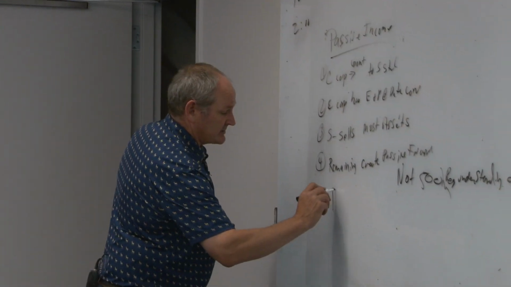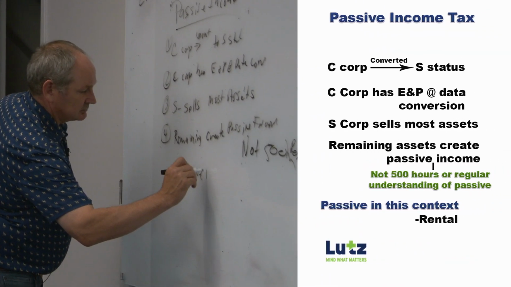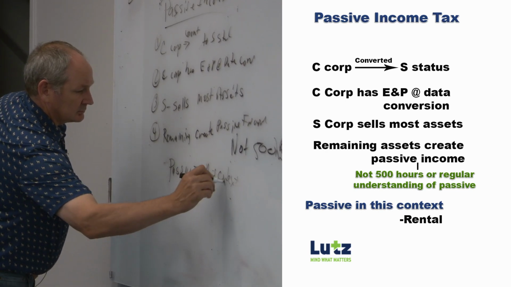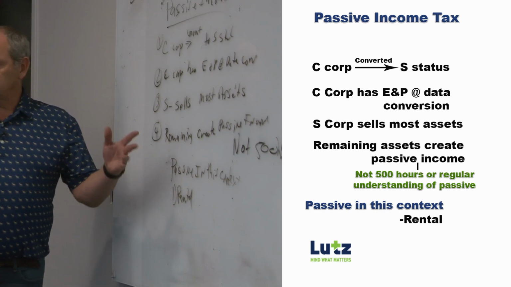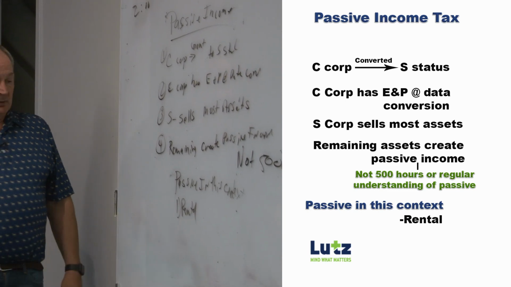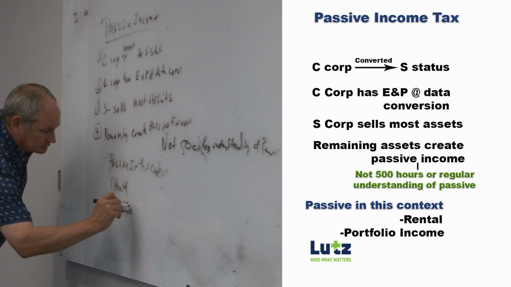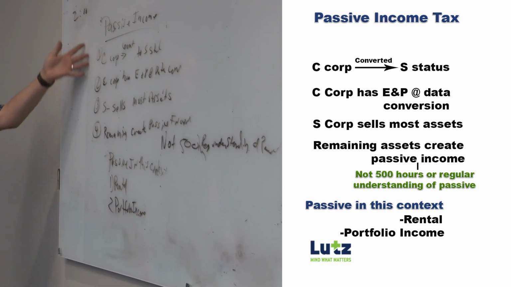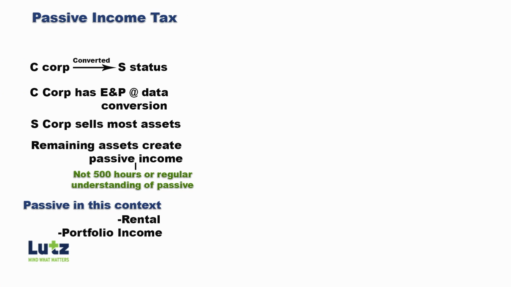However, rental, and I should look this up, passive in this context is rental. So that's consistent across both definitions. The second is portfolio income. If these exist, you've got a passive income problem. And we'll demonstrate why the problem exists.